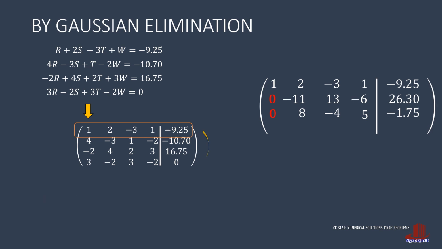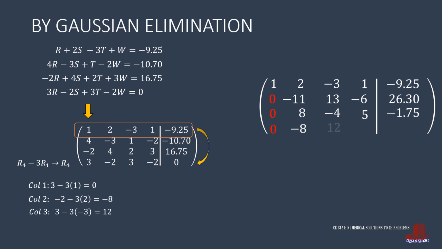Next is to zero out element 4, 1. The row operation to use is R4 minus 3R1 as the new R4. For the element in the first column, there is 3 minus 3 times 1, making it 0. The next element is negative 2 minus 3 times 2, and that is negative 8.